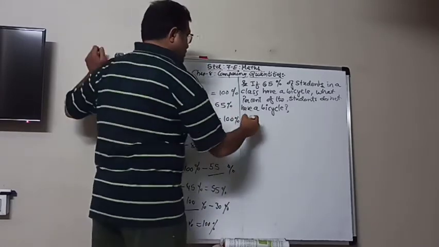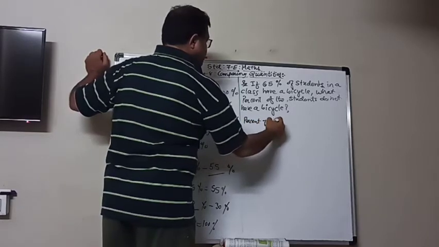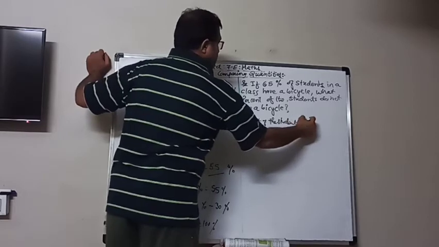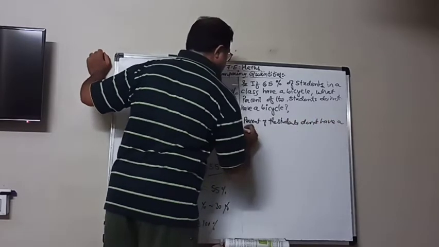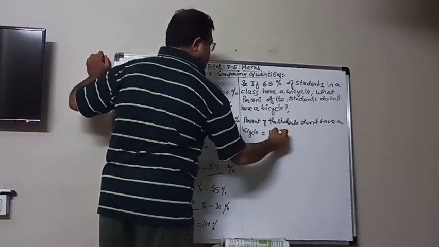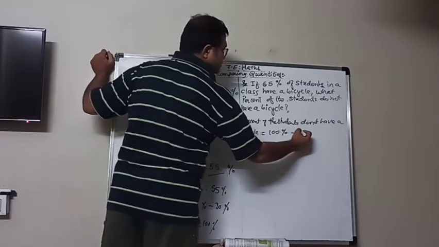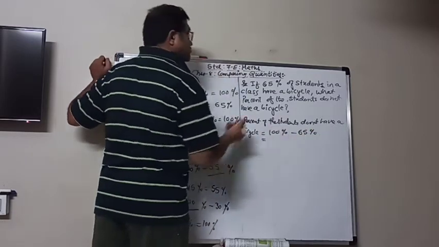So the percentage of the students who do not have a bicycle is equal to 100% minus 65%, because they have the bicycles.